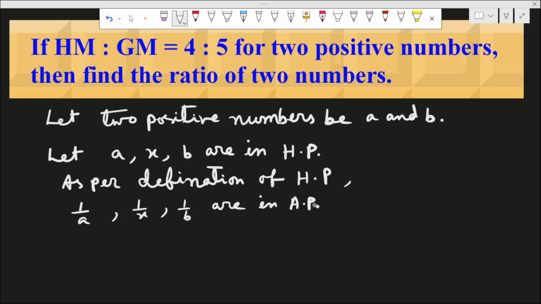Here one question may arise: why are we writing 1 by A, 1 by X, 1 by B are in AP? We are writing this because we know the property of AP, such that we can find X.